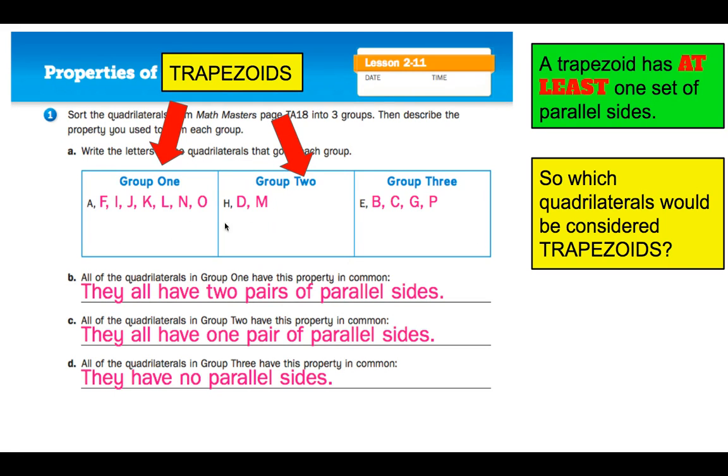So all these shapes here are trapezoids because group 1 has two pairs of parallel sides, and group 2 has one pair of parallel sides. So again, the definition of a trapezoid is that they need to have at least one set of parallel sides. So that excludes group 3 because they don't have any parallel sides at all. So these two groups here are all trapezoids.